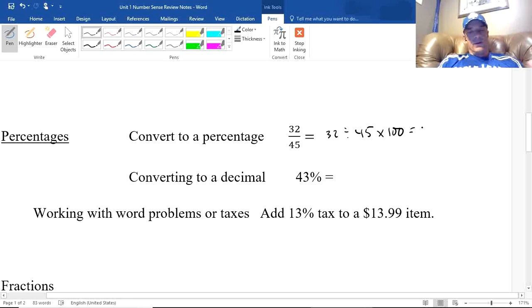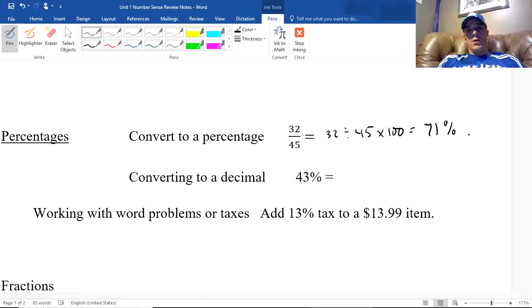So if you got 32 out of 45 on a test, you can calculate your percent by going 32 divided by 45 equals 71.1111. And once we multiply it by 100, you have to multiply it by 100. And so it comes out to 71.1111. And usually we just round off to the nearest percentage, whole percent.